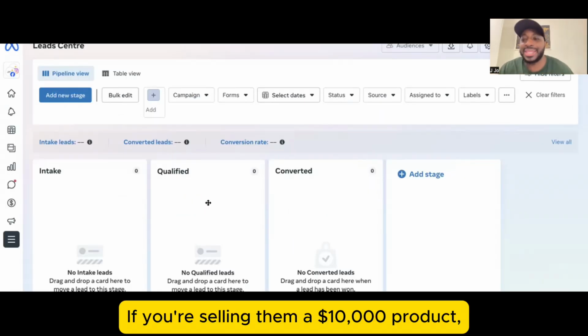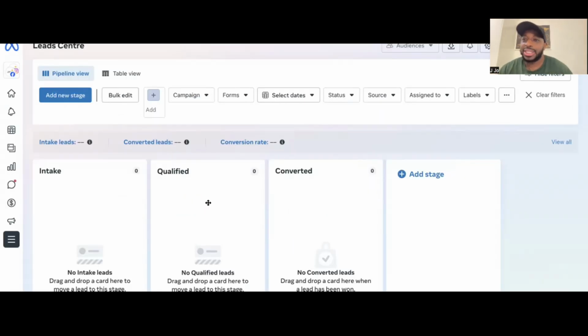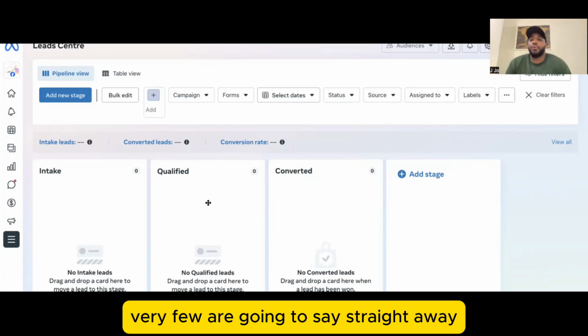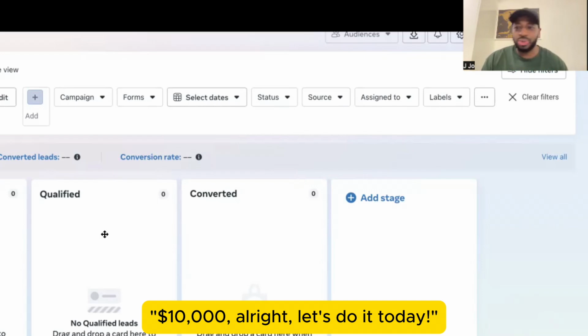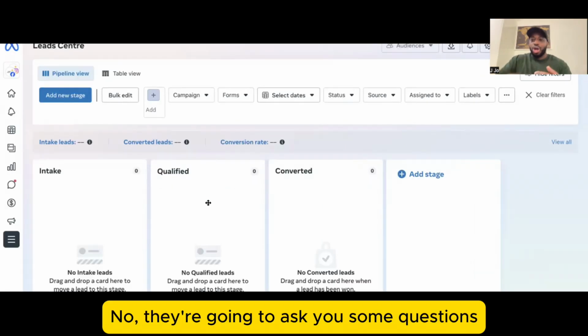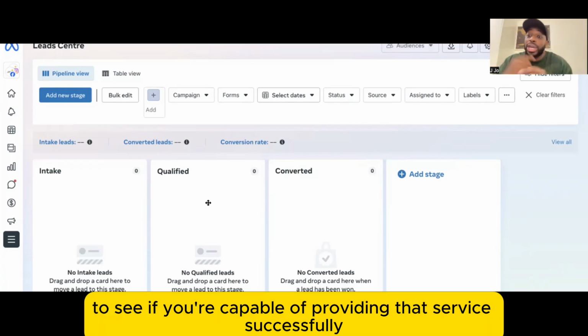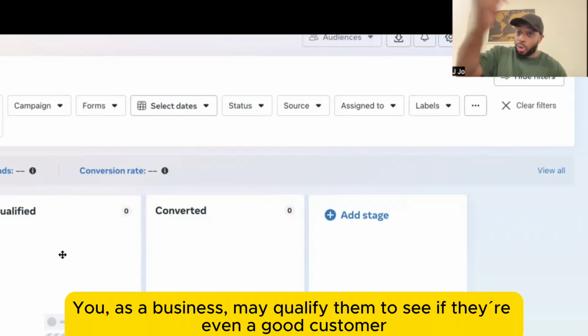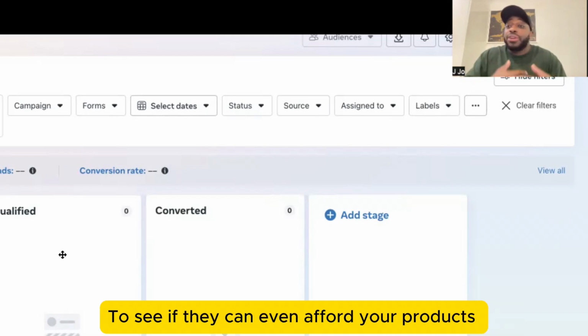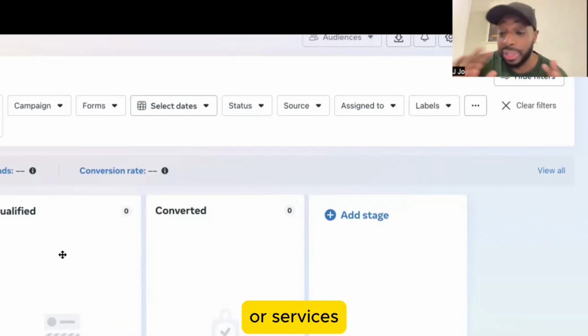If you're selling them a $10,000 product, very few are going to say straight away, $10,000. All right, let's do it today. No, they're going to ask you some questions. They're going to qualify you as a business to see if you're capable of providing that service successfully. You as a business may qualify them to see if they're a good customer, to see if they can even afford your products or services.